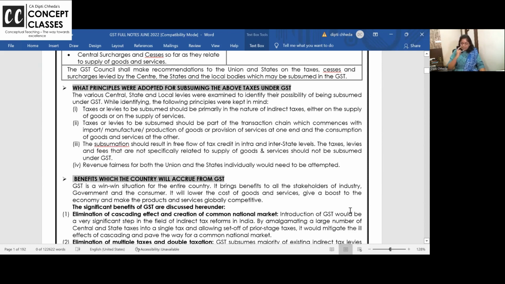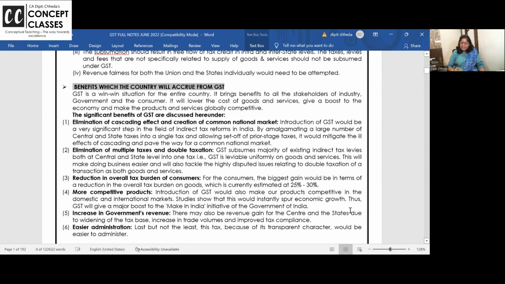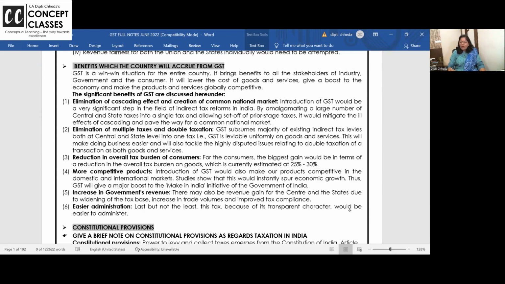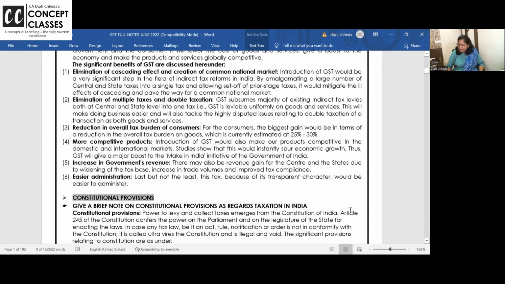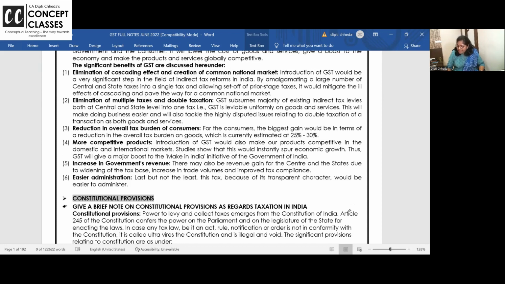Right. Now, what are the benefits which the country will accrue from GST? What we saw in the GST table is relevant, so I am taking it right now. Elimination of the cascading effect. Let me give you one example. Earlier, a manufacturer used to sell the product for 100 rupees. On that, he would charge excise duty of 12 rupees, 12%.